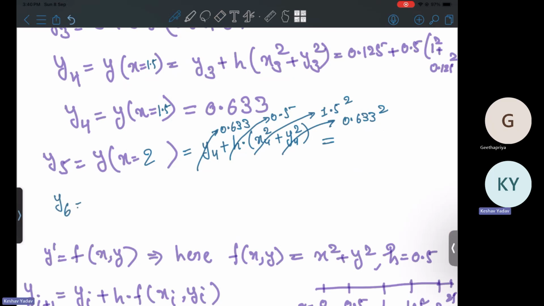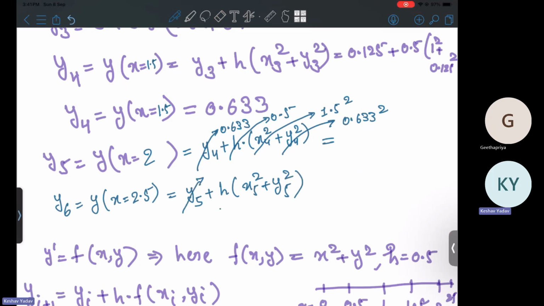Similarly, y6 will be y at x equal to 2.5. That will be equal to y5 plus h times x5 squared plus y5 squared.